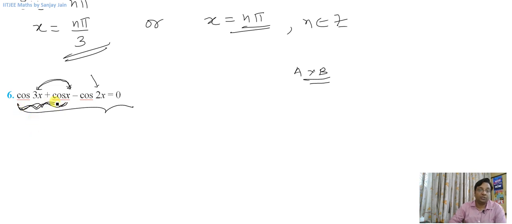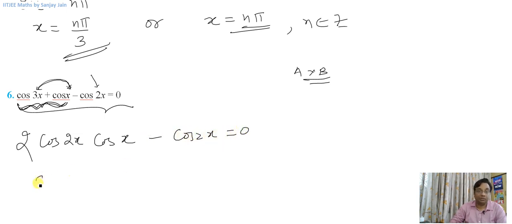So cos C plus cos D, that means 2 cos C plus D by 2 cos C minus D by 2, right, minus cos 2x equals 0. So you see cos 2x can be taken as common, and inside you'll have 2 cos x minus 1 equal to 0.